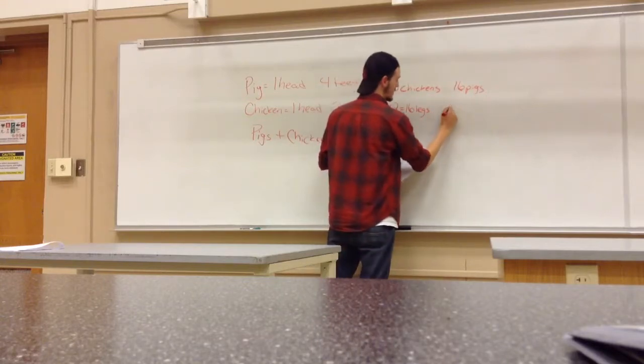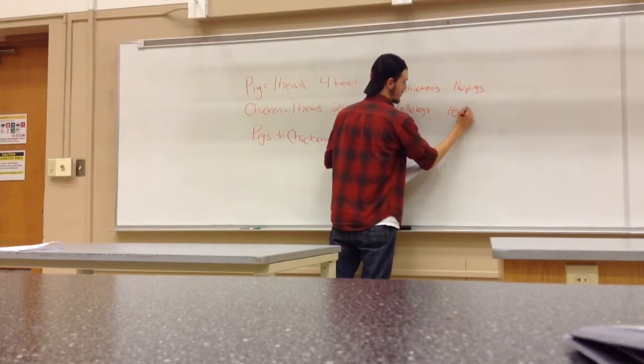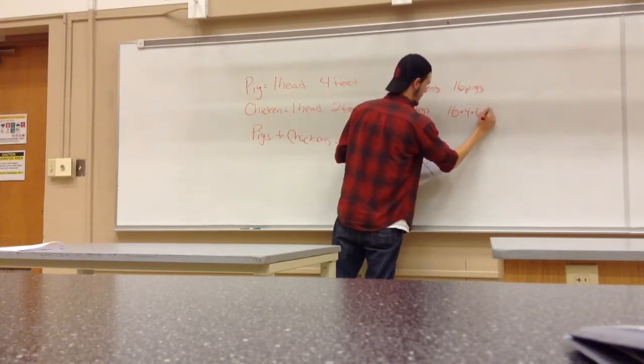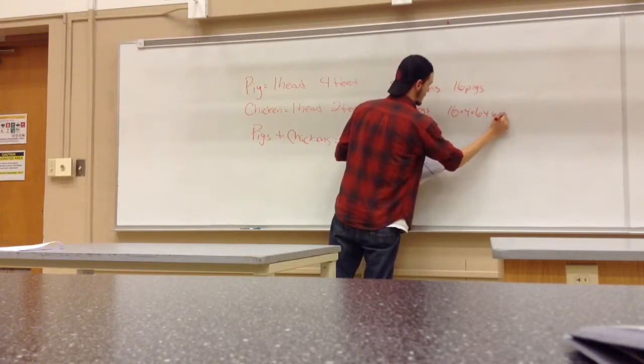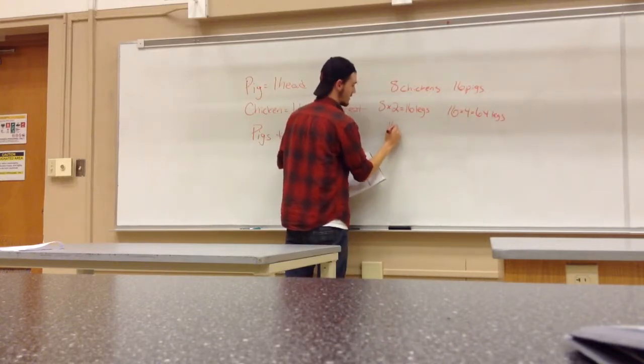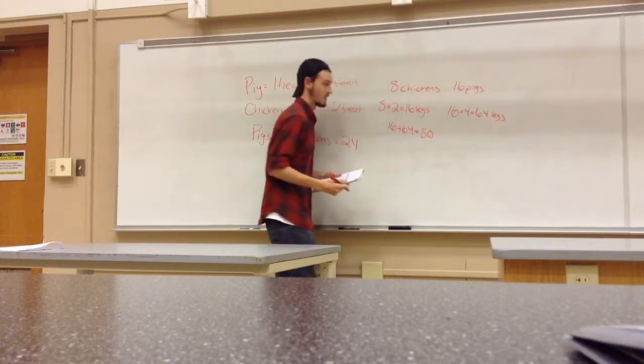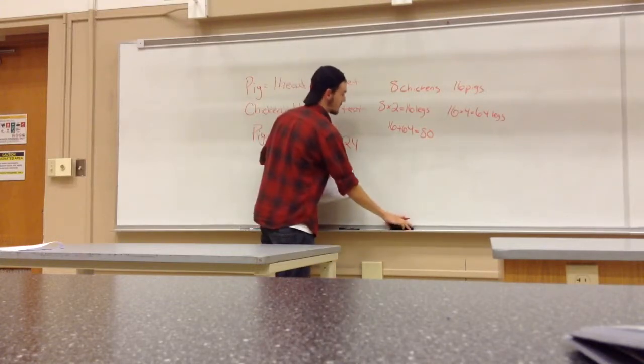And 16 pigs, each pig has 4 legs, so that equals 64 legs. And if we take 16 plus 64, that equals our 80. So we could get our answer that way.